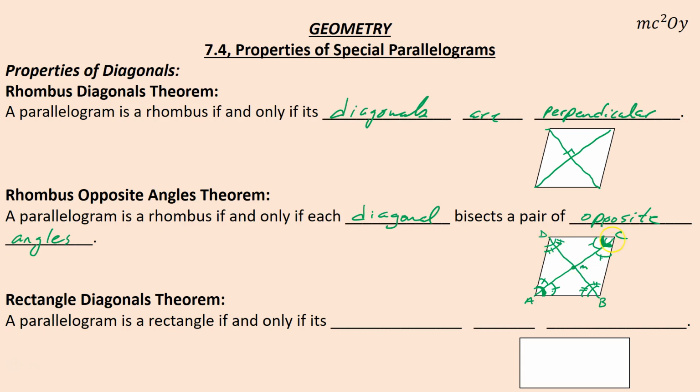CDM is congruent to ADM, and those are also congruent to ABM and congruent to CBM.